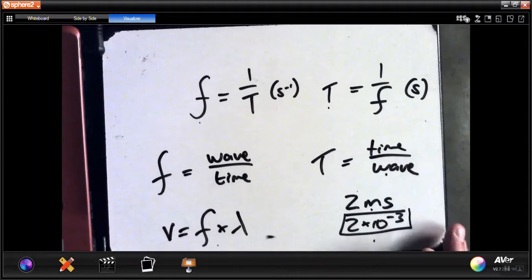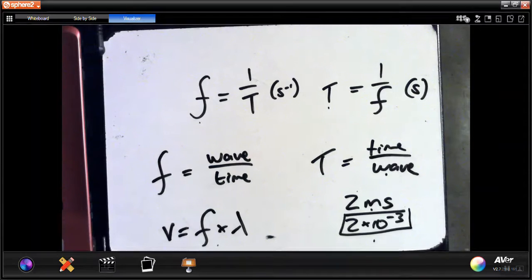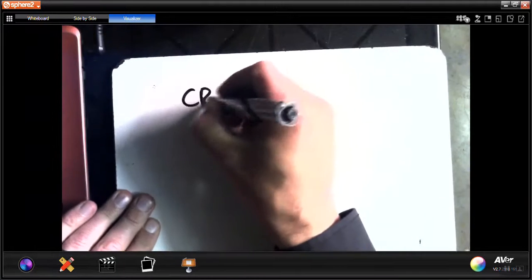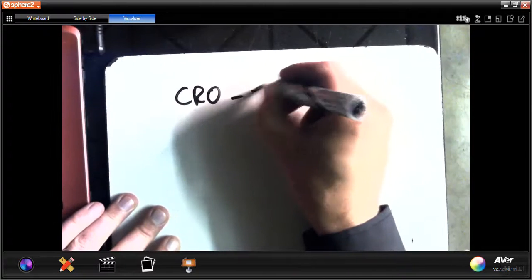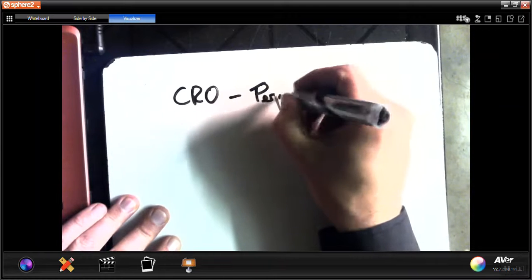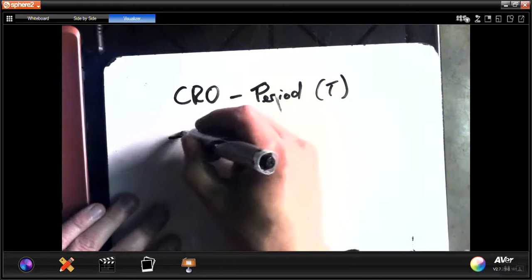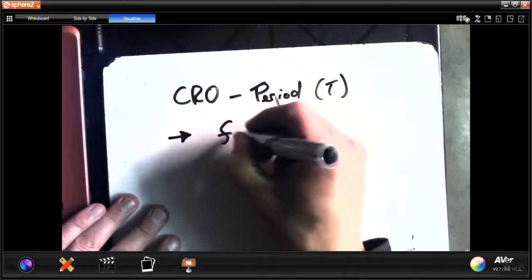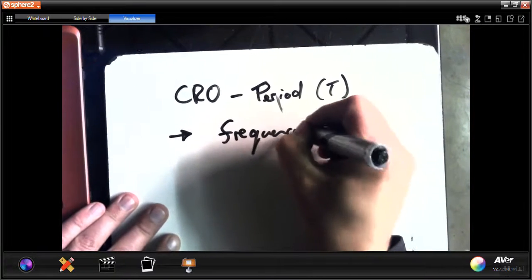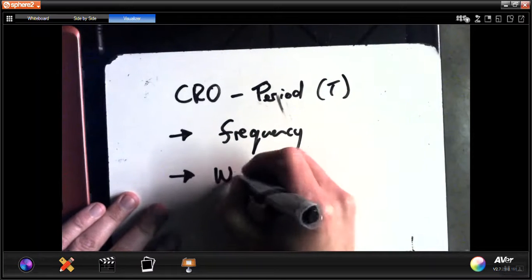So when we use a cathode ray oscilloscope, we firstly look at the time-based setting. From the CRO, we get our period. We use that to calculate our frequency, and from our frequency, we calculate our wavelength.